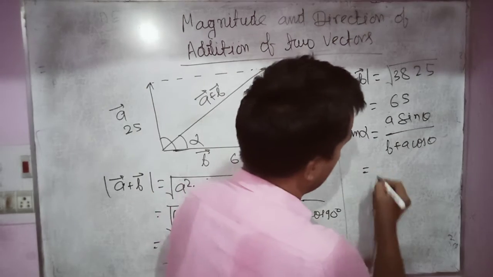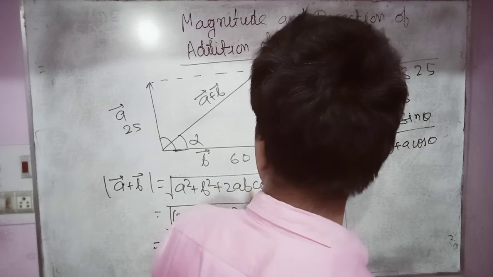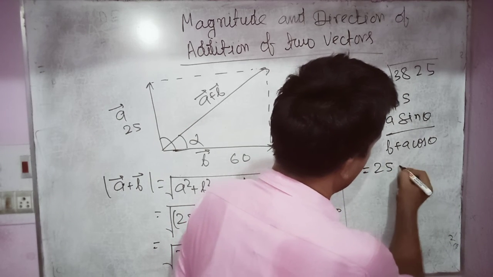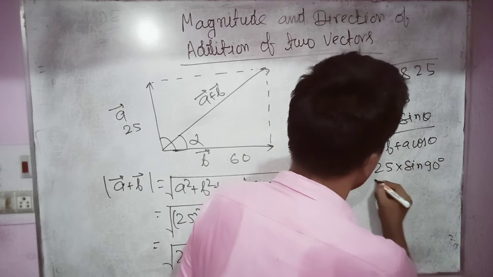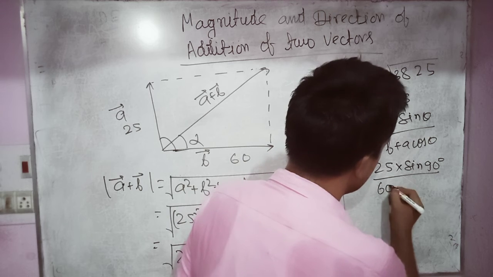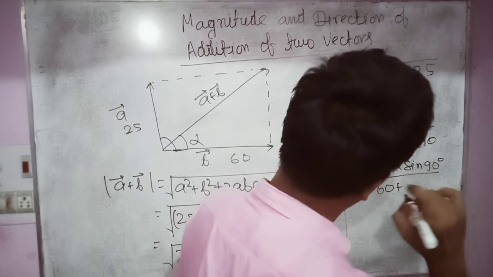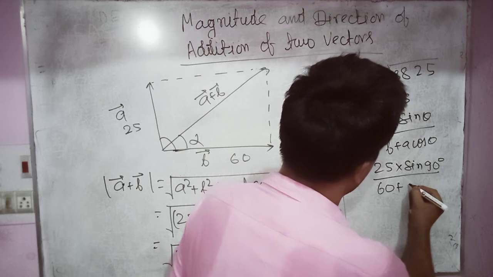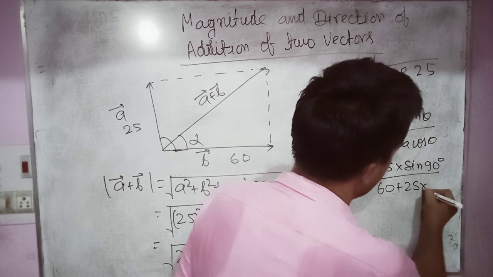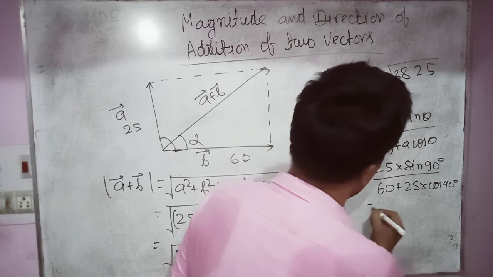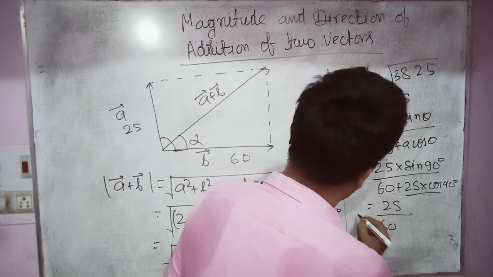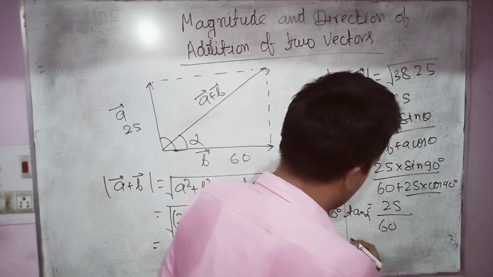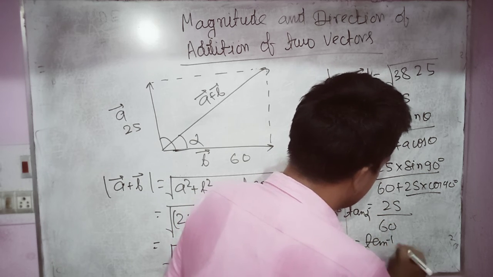So then A sin theta, what is A? 25 into sin 90 by B, 60, plus 25 into cos 90. So it is 25 because sin 90 has value 1, and 60 plus this is 0. So tan alpha is equal to 25 by 60, and alpha is equal to tan inverse 25 by 60.